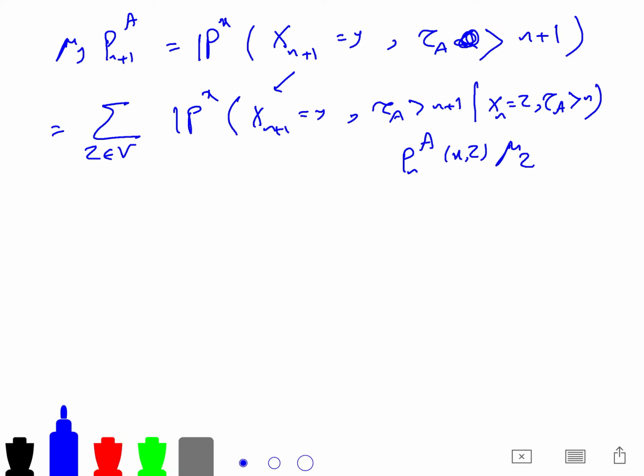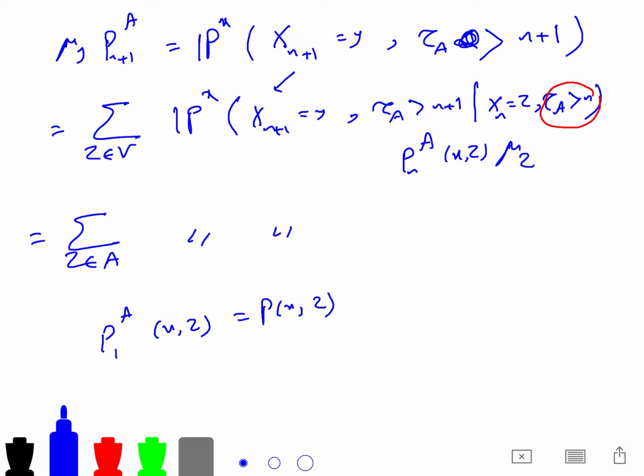So we condition on the fact that even at time step n, we are still less than the exit time. And this is the summation over A of the same thing. Knowing that P(x,z) equals P(x,z), we have proved this lemma.